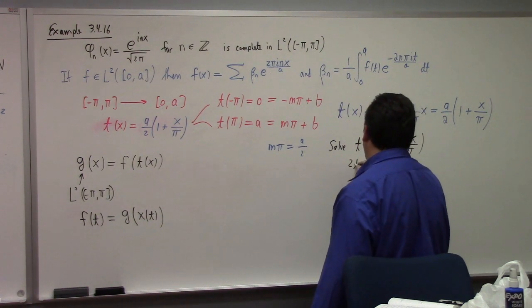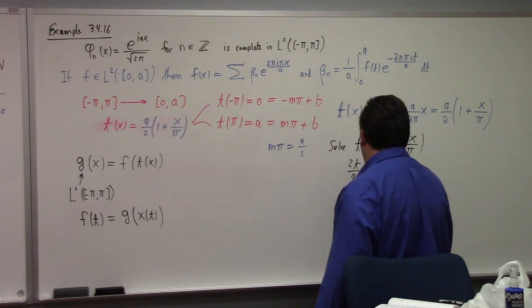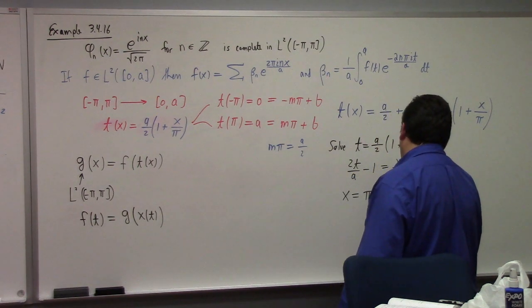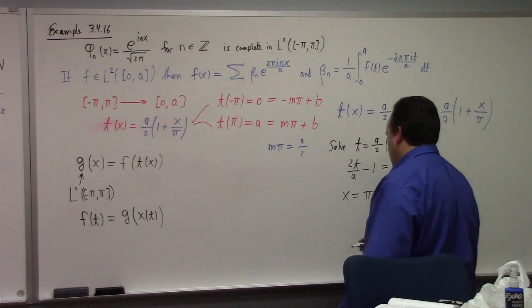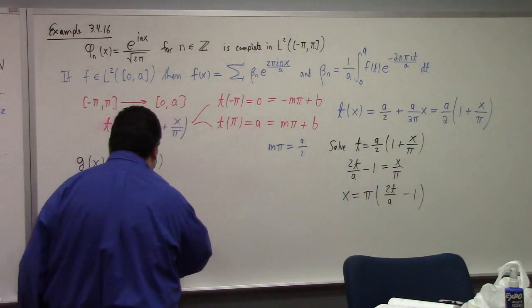So I get 2t over a minus 1 equals x over pi, which gives me x is equal to pi times 2t over a minus 1.